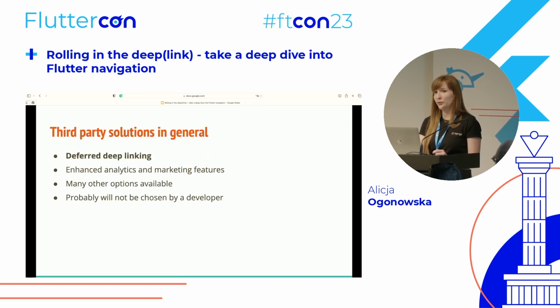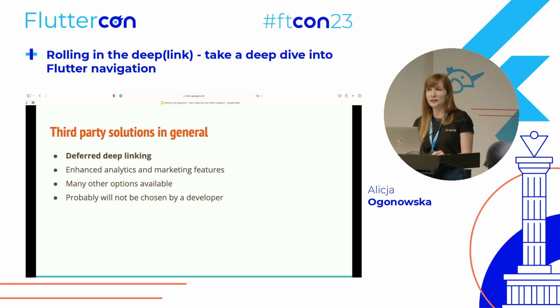And when it comes to third-party solutions in general, from my perspective, deferred deep links are a must. If your app is advertised, then I'm pretty sure sooner or later someone will mention it. It also enhances the marketing and analytics features, and depending on the SDKs, there are many options available.